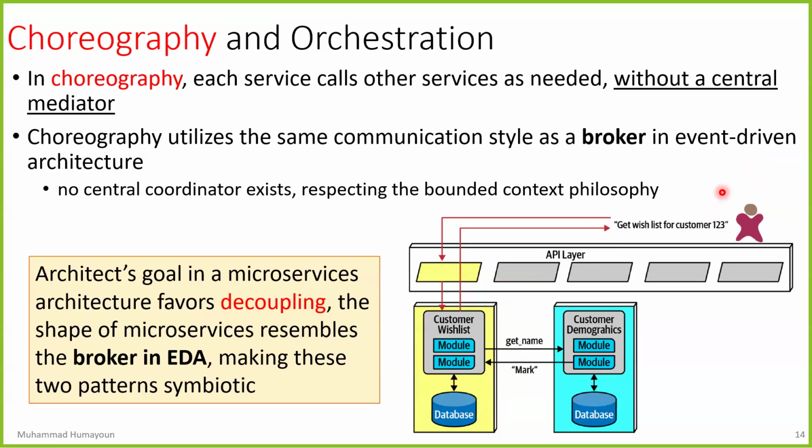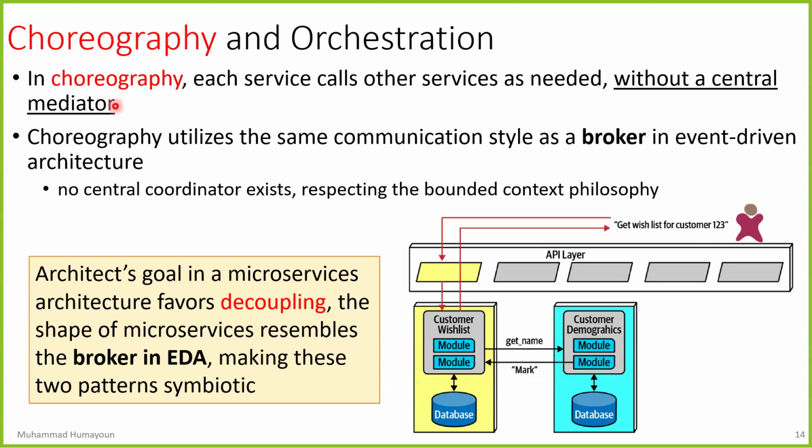That could be an example of choreography. So the customer wish list knows what it is supposed to do, and the customer demographics microservice knows what it is supposed to do, but sometimes they depend on each other like that.